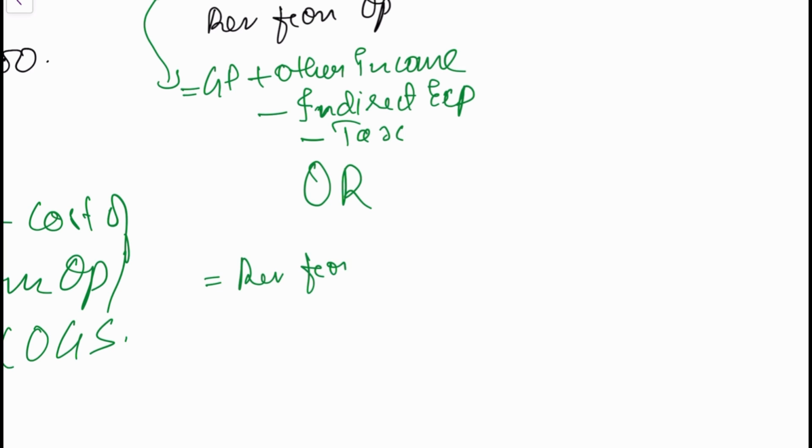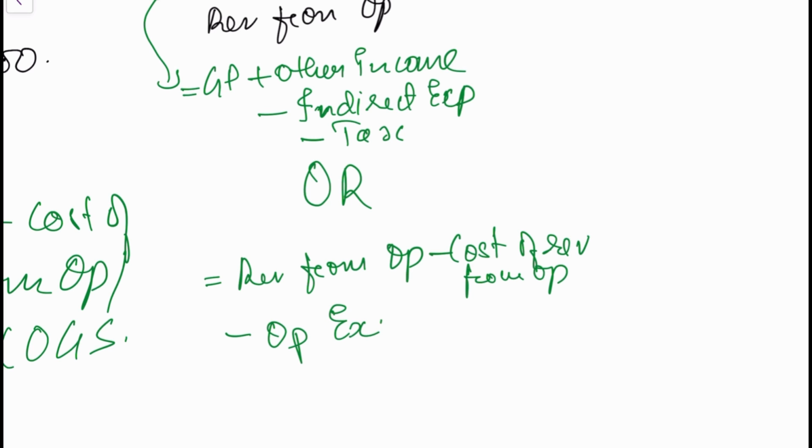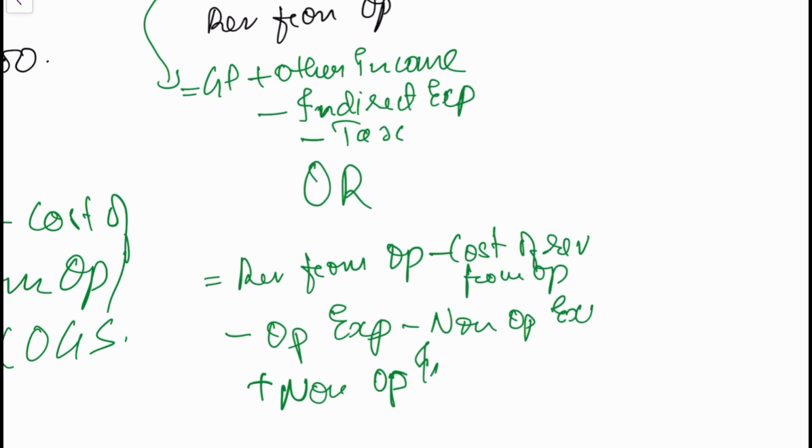revenue from operation minus cost of revenue from operation minus operating expense minus non-operating expense plus non-operating income minus tax.